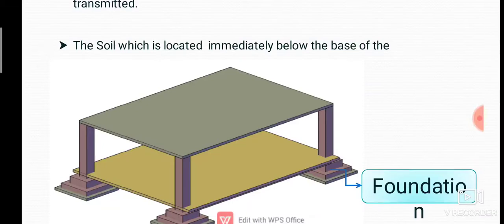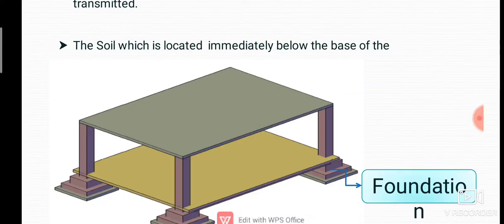not forming any kind of load transmission, not a part of load transmission in the frame structure, so they do not carry the weight of the slab. The network of a frame made of columns and beams carries the weight of the slab. The walls are only partition walls. The weight of a wall is carried by the beam.